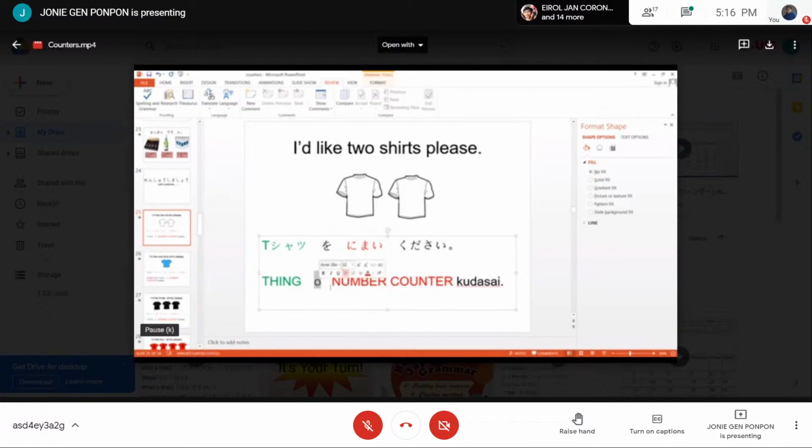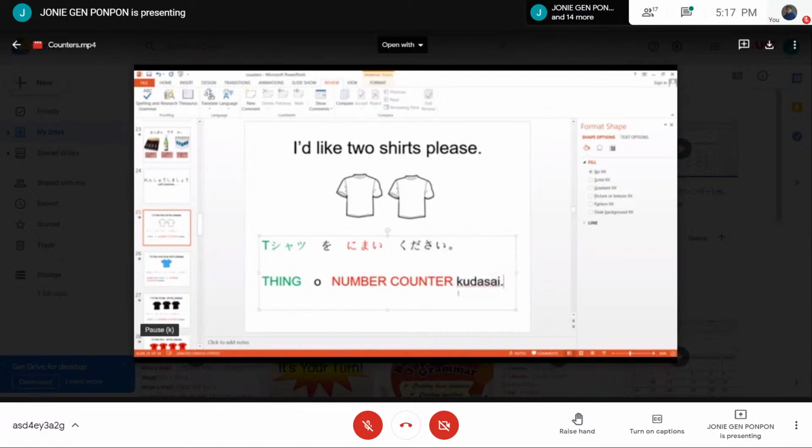And then next is the number, how many pieces ang gusto mo. So if you say in this example 2 shirts, t-shirt is mai, right? It's a flat thing. That's why mai ang suffix. So two pieces of these shirts is nimai. Okay, so nimai and then please will mean kudasai in Nihongo.